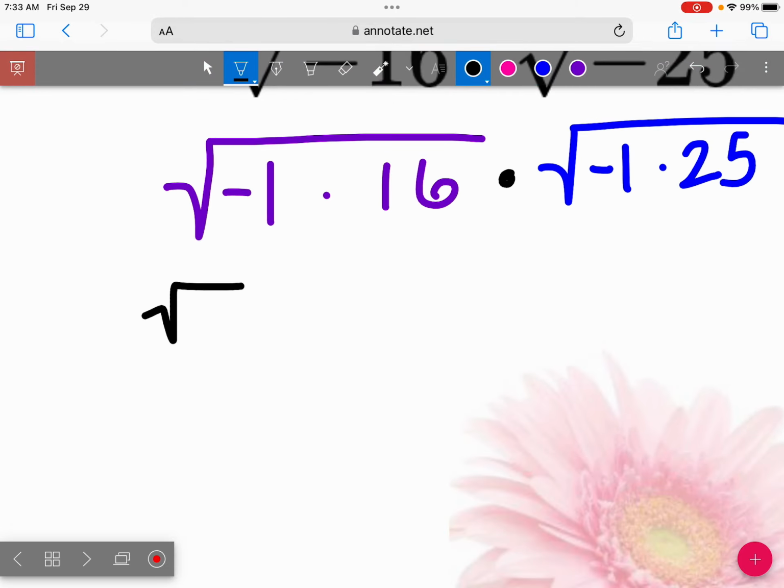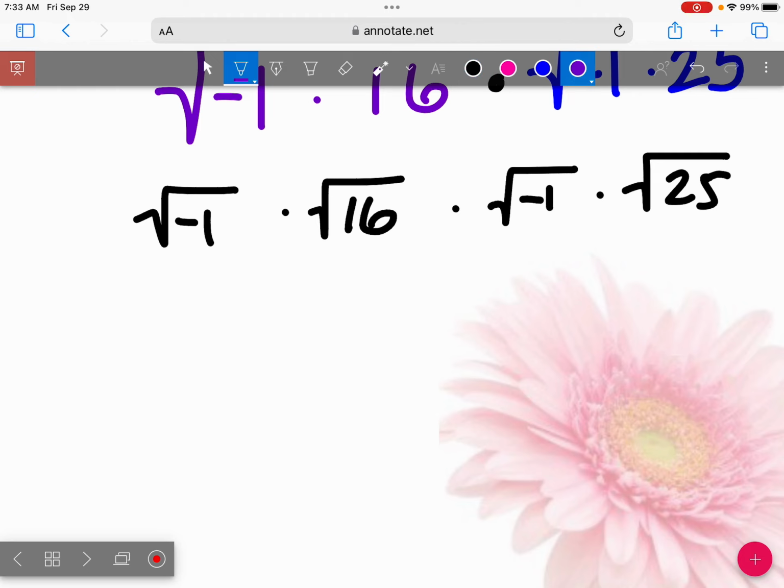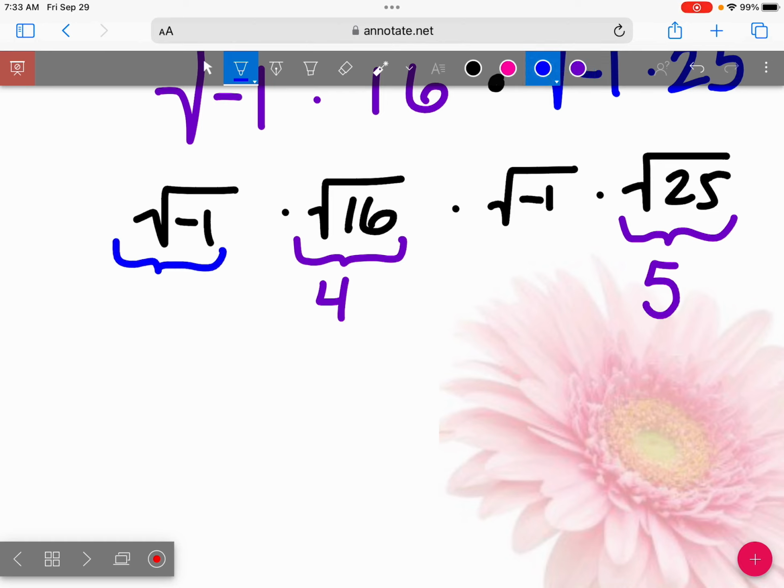Because if I split these up into individual pieces, we can see a bit of what's happening here. The square root of 16 is 4. The square root of 25 is 5. We said before, the square root of -1, that's I. And the square root of -1 is I. These pieces are all still being multiplied together.